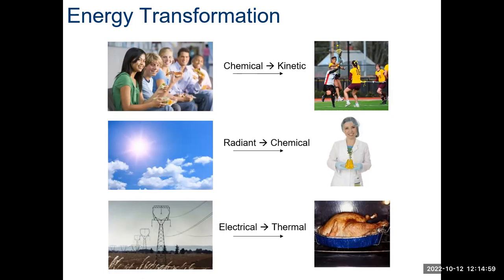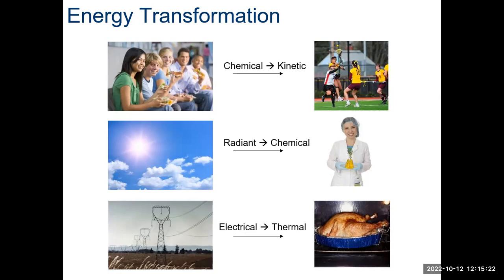We have chemical energy. That's what we talked about. So we have radiant to chemical, okay? Sunlight is consumed by plants and is converted into energy for growth, okay? So we have radiant energy that is converted into chemical energy.